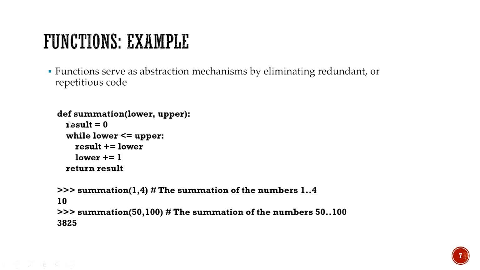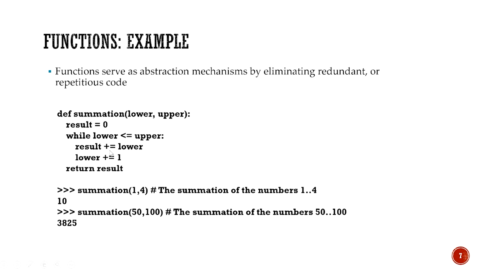So in this slide, you see an example. We define a function summation, which calculates the summation from lower through upper. We initialize a variable here, result, and then you see a while loop. While, and this is the condition here: as long as lower is equal or less than upper, do this.